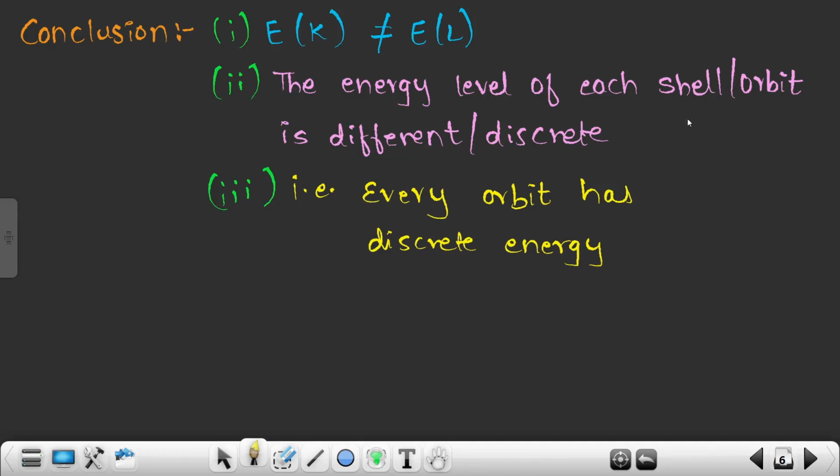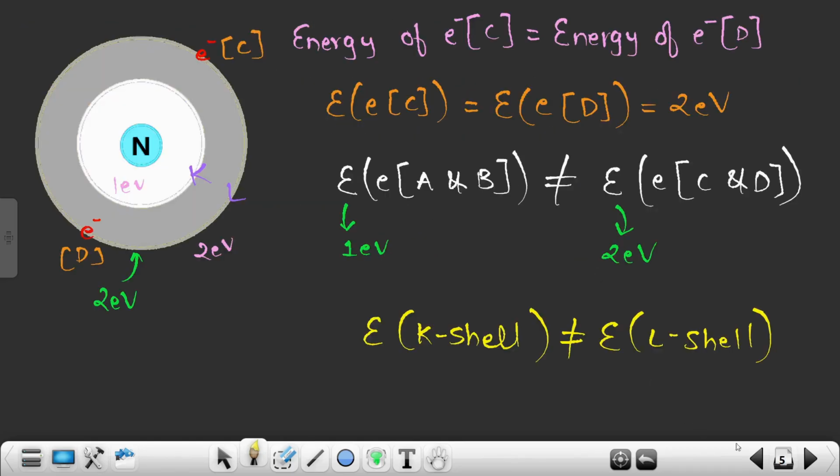Now I know most of you will say that these 2 points are similar. No, they are somewhat similar, but this point will clearly indicate that the energy level of each shell or orbit is different. This point will clearly indicate that the electrons are present in the orbit, right? Don't worry about how many electrons are present as of now. Just assume that there are a few electrons present in every orbit.